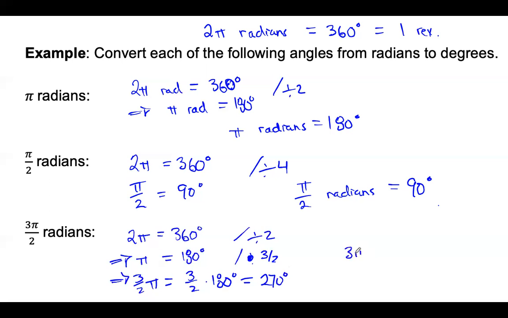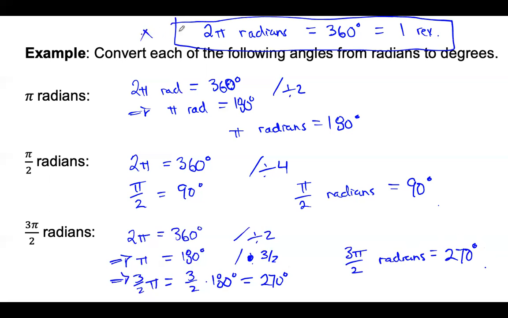So therefore, 3 pi over 2 radians is equal to 270 degrees. But if you remember this up here, it'll really help you.